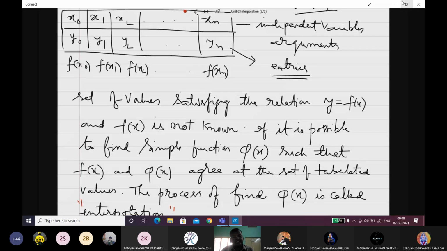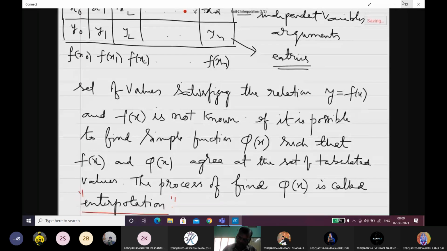Then it is called extrapolation. That you have to note down as the next point.